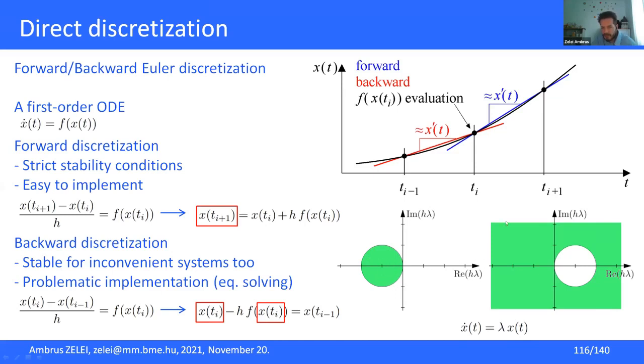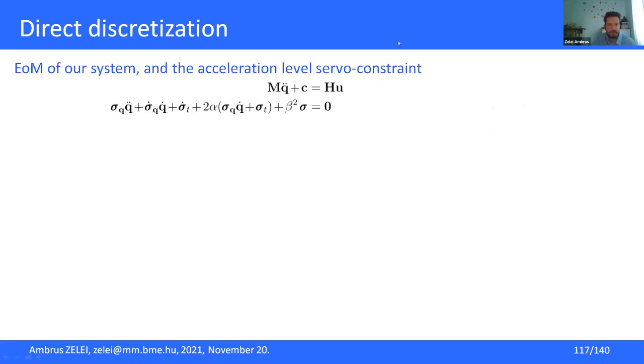It will be just some unstable solution which doesn't have any connection with our original differential equation. But in the case of backward discretization, except for this small area, I can choose my parameters from anywhere. So it is very stable and very convenient. We don't have to deal with stability problems. And that's why this mathematician told us that we should apply this for our problem.